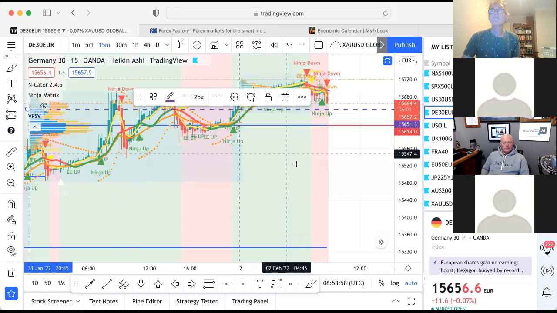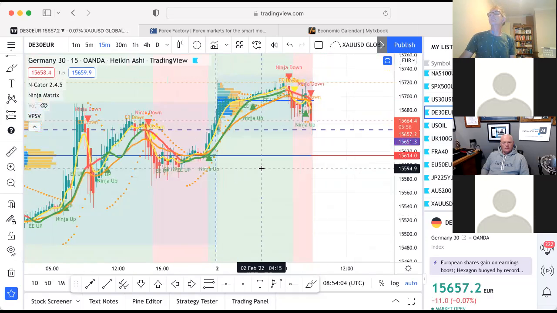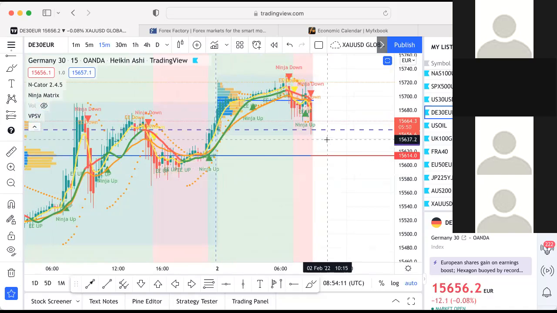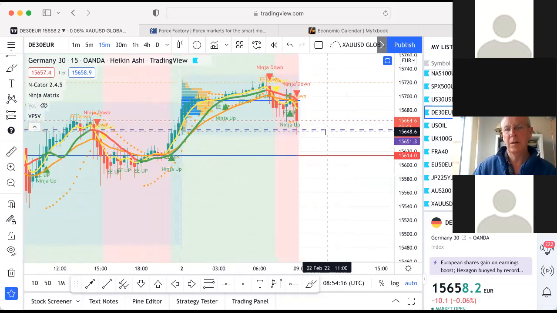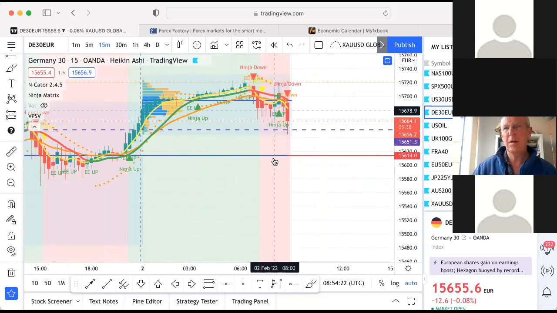Okay, so the current candle is just wicked into our field of play. So again, this may be a reasonable setup. We've got the Ninja matrix down. We've got an indicator down.